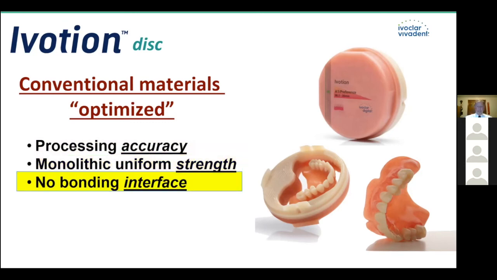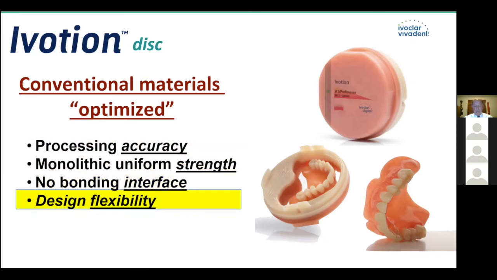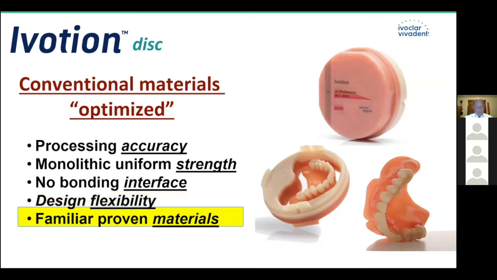The fact that it has no interface is the fact that it has the physical properties of one piece of material. Not having an interface, there's no chance of discoloration or whatever, especially if it wasn't done properly and then putting these things together, you might have some issues. Tremendous amount of design flexibility, as I mentioned, and certainly the proven materials.